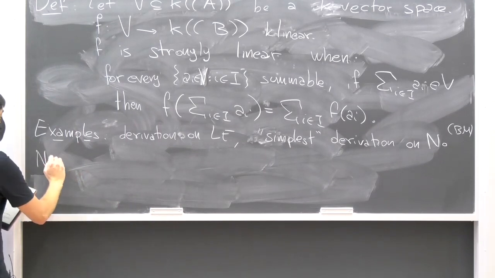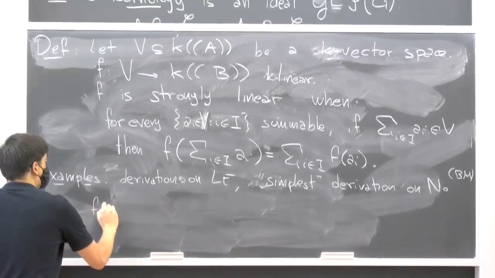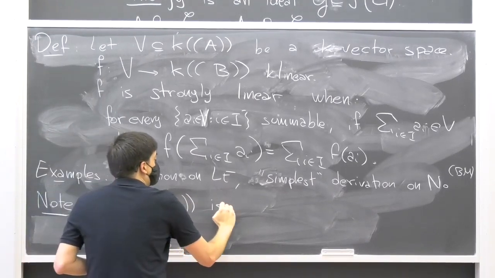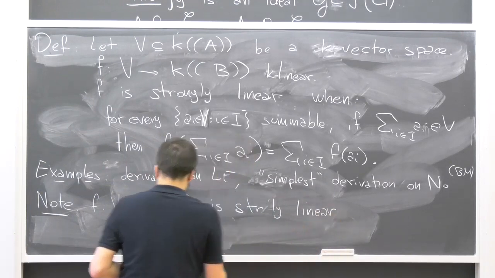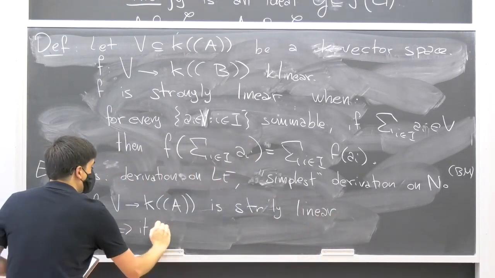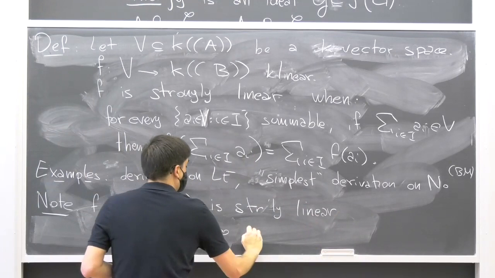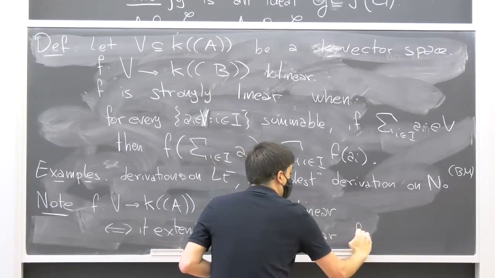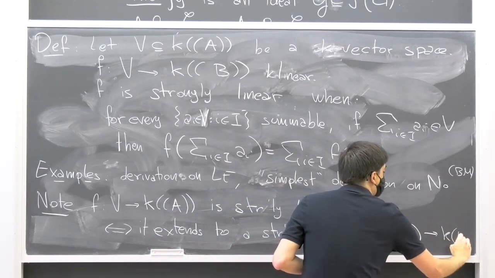So one note. I set it up in a special way because F from V to Ka is strongly linear if and only if it extends to a strongly linear f tilde from all of Ka to Kb.